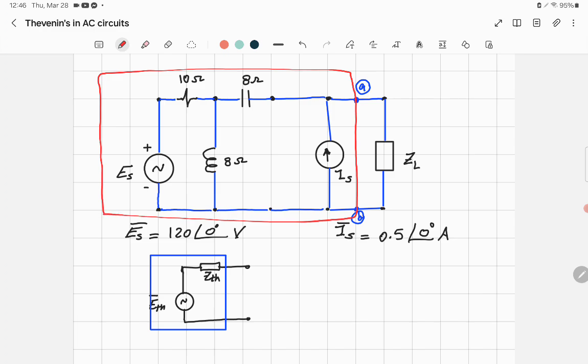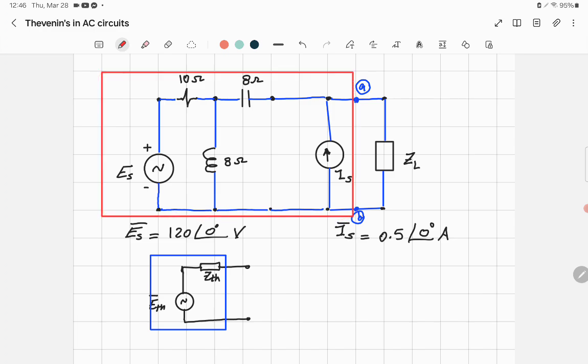That would be the equivalent Thevenin. And then after that, you can connect the impedance of the load. This equivalent circuit represents the behavior of the original network as seen from two terminals, which in this one are AB.